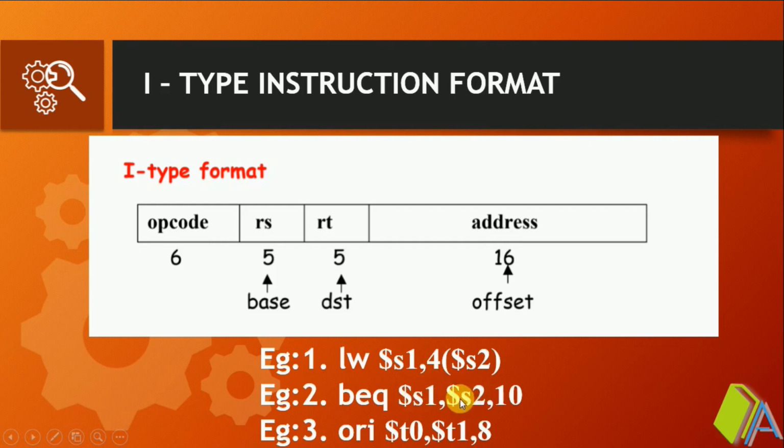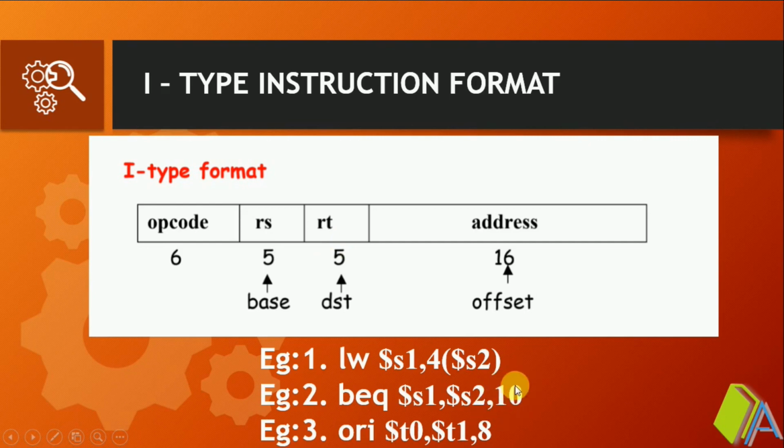At that time, S2 will act as RS and S1 will act as RT, or S1 will act as RS and S2 will act as RT. Both are input registers in that case. So according to the I-type instruction format, RT will act as either destination register or source register with respect to the instruction type. Here 10 will be my address.